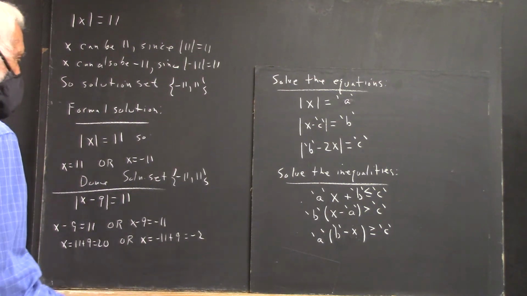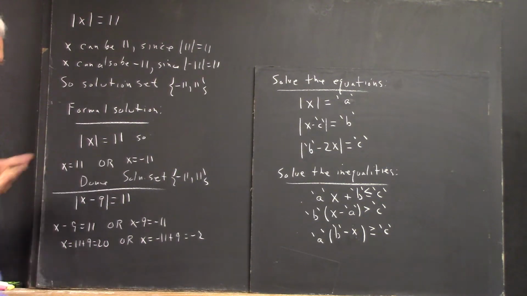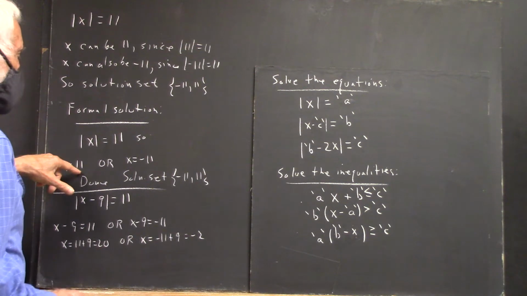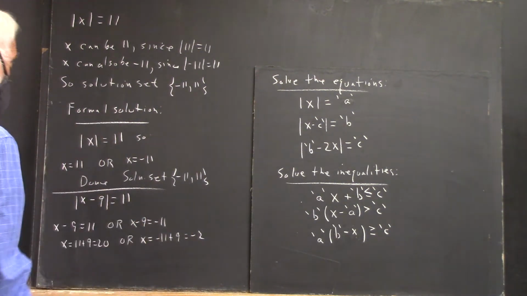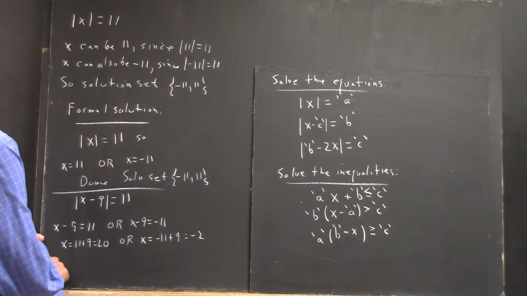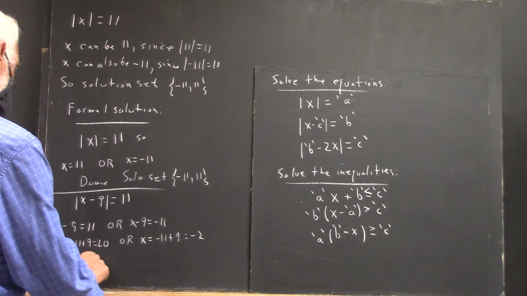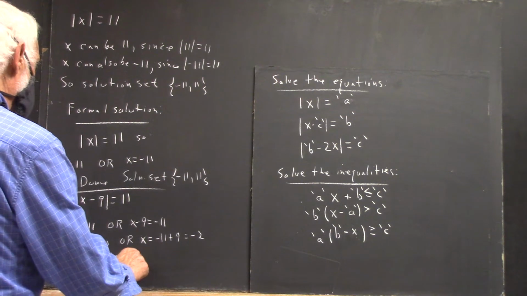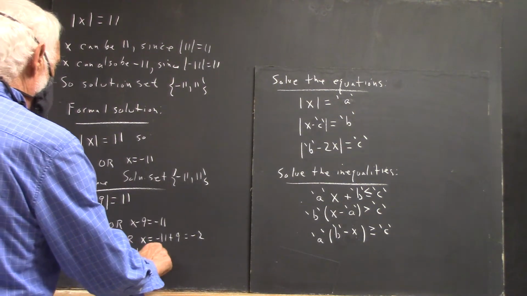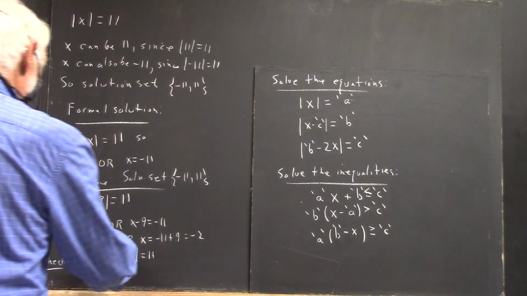Now, we always want to check. It would be a little silly to check the first example because we don't really have to write anything out, because we know the absolute value of 11 is 11, and the absolute value of negative 11 is 11. But here, it's a good idea to check. Absolute value of 20 minus 9 equals the absolute value of 11, which is 11. Okay? So that checks the 20. So I'll just put a little check mark there.